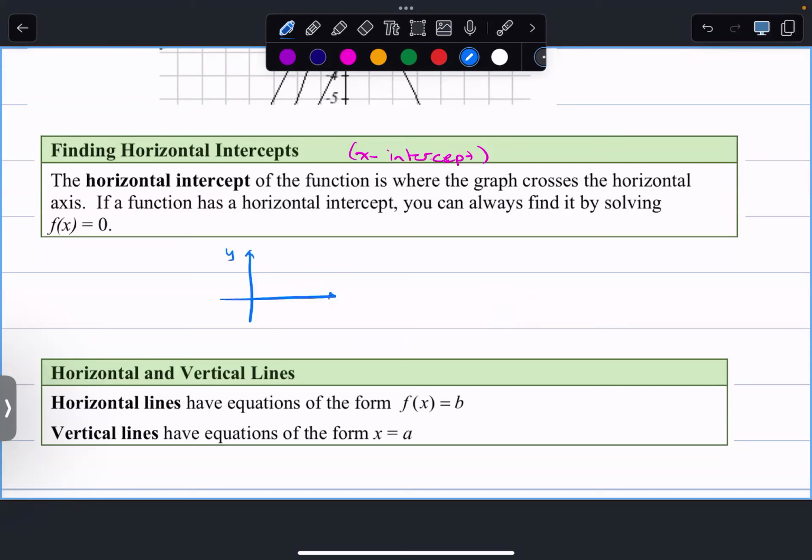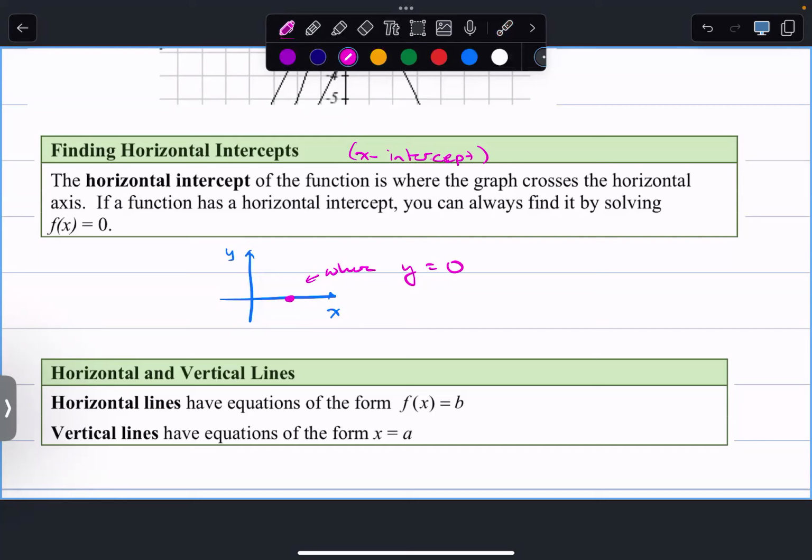I have y and x here, then the x-intercept is where y is equal to 0, right? Or more properly, where f of x is equal to 0. So now it's the value of x where y is 0. Whereas the y-intercept is the value of y when x is 0.